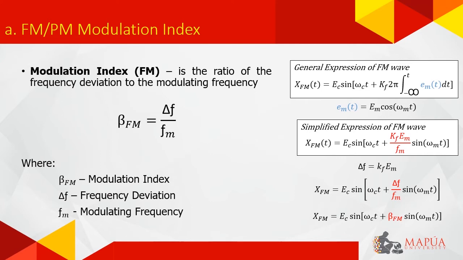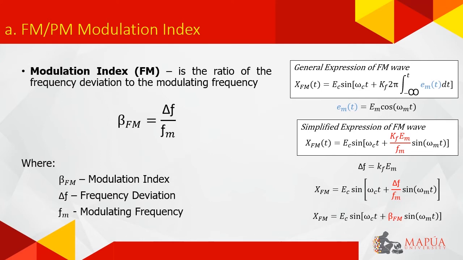The modulation index of frequency modulation is derived by simplifying the general expression of the FM wave, which is given by x_FM(t) = E_c sin(ω_c t + k_f · 2π ∫ from −∞ to t of the modulating signal).